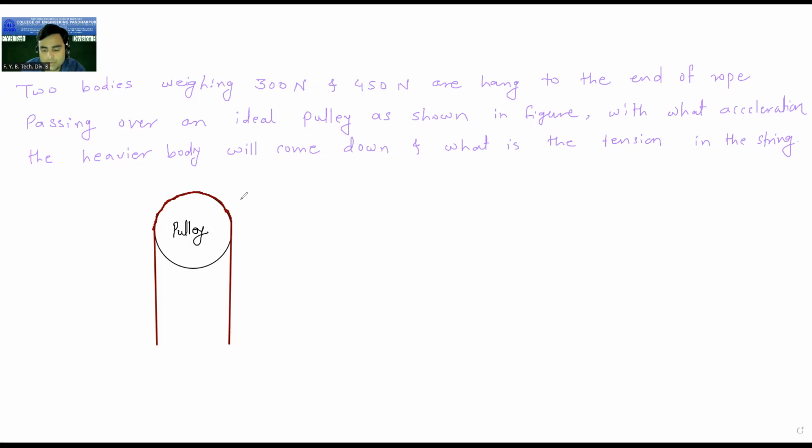So the two weights are attached, here is one weight and second weight. The two weights are 300 Newton and 450 Newton.